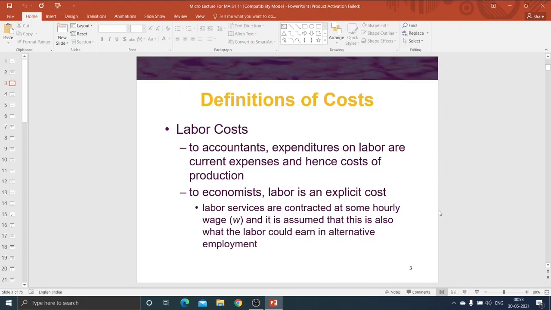Normally, this is what is called the W or wage, and it is assumed that this is also what the labor could earn in alternative employment. So if our W is the same in all the alternatives, then the firms are actually treating the labor as the same. Otherwise, there is a difference which will give the W a different value in the X as well as the Y firms. So if that is the case, then things are going to be different.